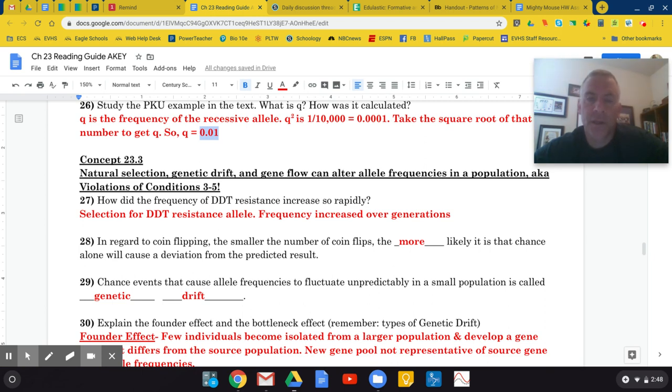Basically, there were pests that were surviving DDT. They had resistance to DDT, and they were the ones that made babies and passed on that resistance, which is a similar example to bacteria, or antibiotic resistance, back in chapter 22.